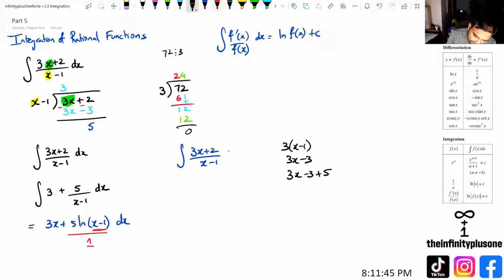So I'm kind of figuring out whether I can directly replace that 3x plus 2 with this, I think it would just work. Because then this will become plus 5 here, plus 5 here. So I could actually rewrite this as 3 times x minus 1 plus 5 over x minus 1 dx.